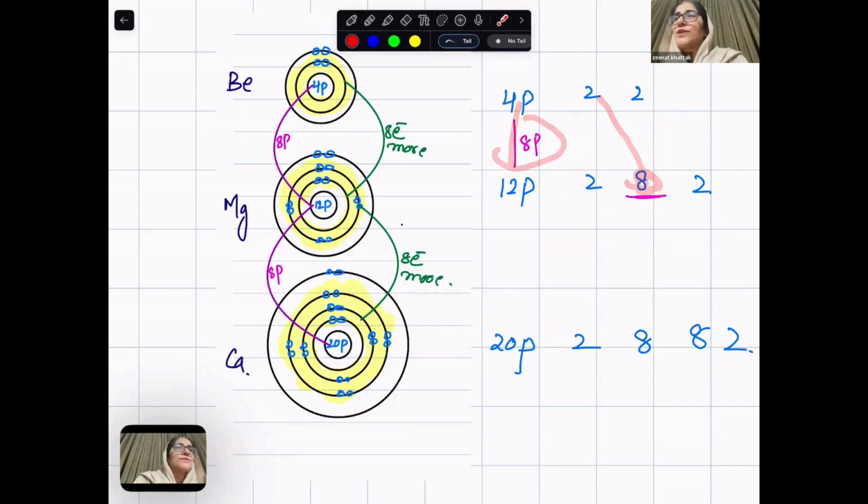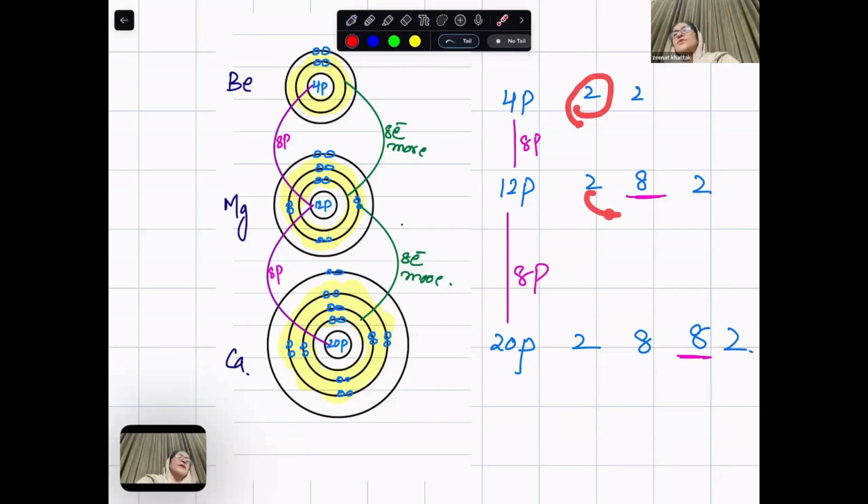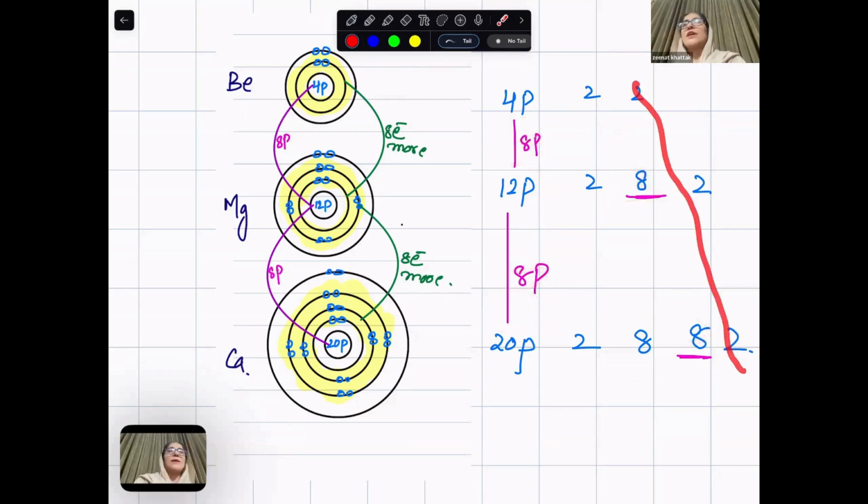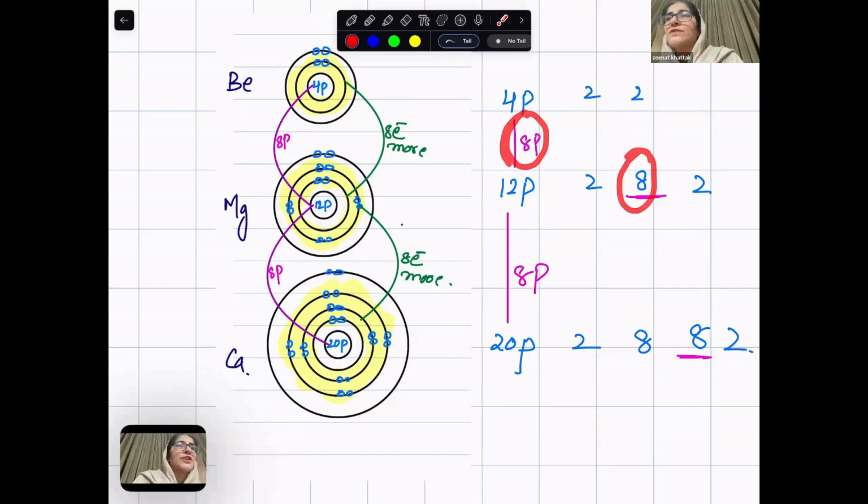What about this? 12 to 20. 8 protons and 8 electrons. So what you can see? 2 shielding, 2 and 8 shielding, 2 and 8 shielding. The shielding electrons increase, protons increase, no change in the valence except the valence is going far. Look, the protons are increasing but shielding increases.